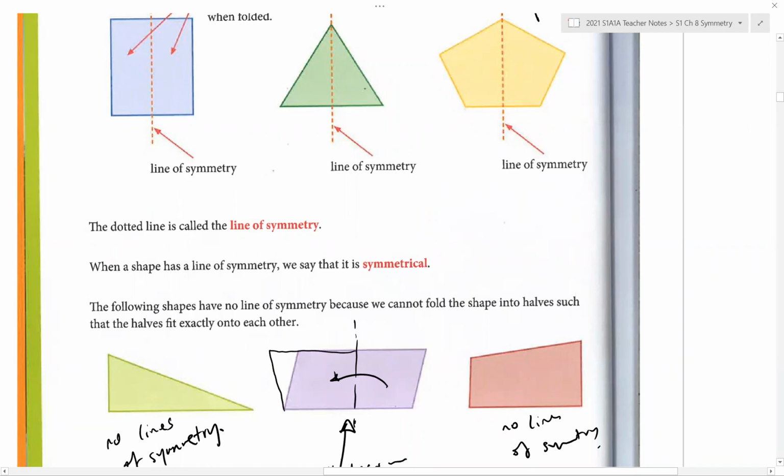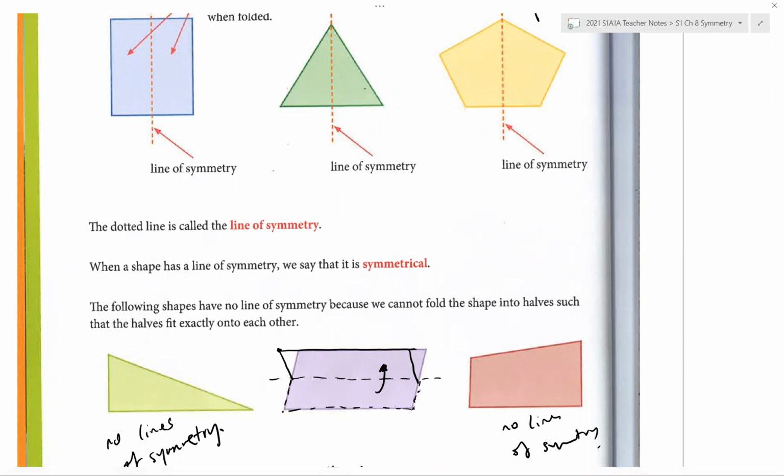You see the half on the right. You fold it over, you're going to get that shape. So it doesn't fit exactly. So what about if you try horizontally? So you fold this one up. See the long one over here will end up over here. Then you get this shape. See that? The bottom one, when you fold up, it doesn't fit nicely again.